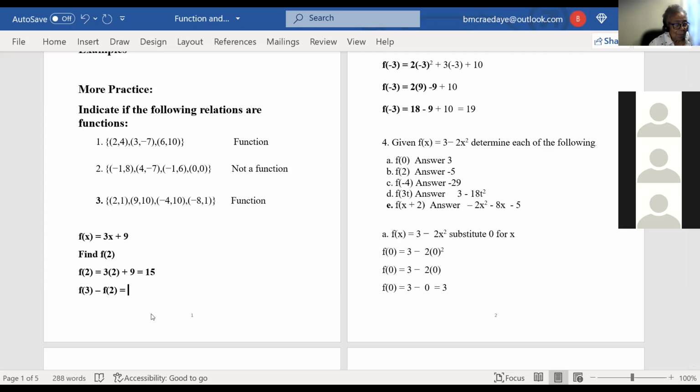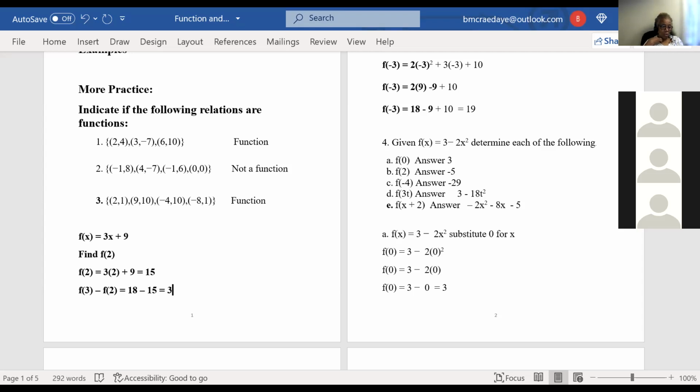Well, we know what f of 2 is. What's f of 3? That's mental math. 3 times 3 is 9. 9 plus 9 is 18. So that's 18. And f of 2 we've already found, 15. And 15 from 18 would be 3. Okay. So you can do calculations on the functions.